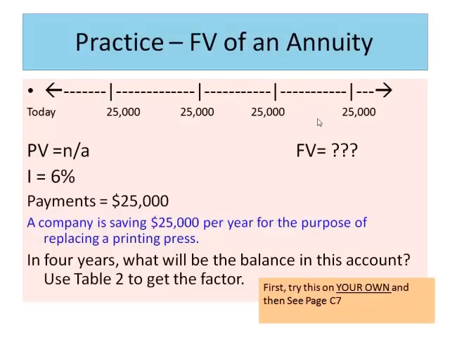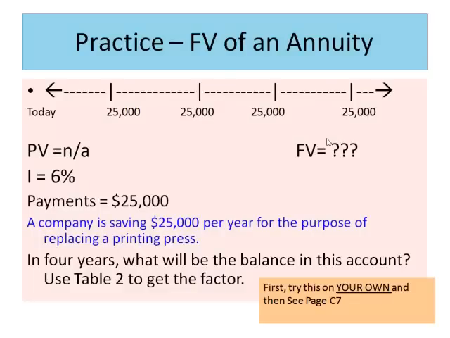Our interest rate is 6%. Now, we want to know future value. But when you have a payment problem, present value is NA, not applicable. So we only focus on the future value, which is what we're solving for, and the payment amount, interest rate, and the 4 years. So look up that factor on table 2.